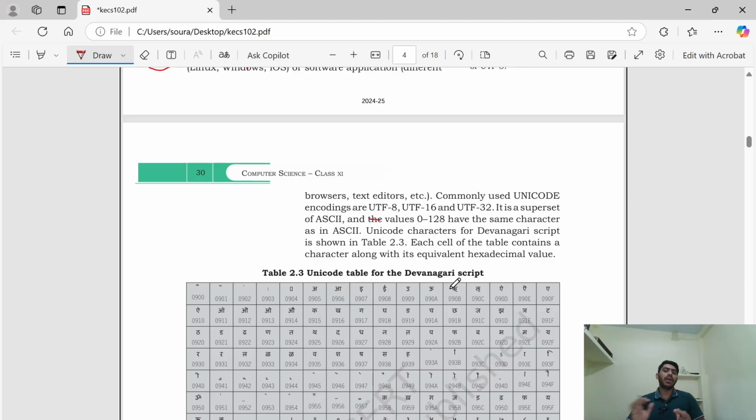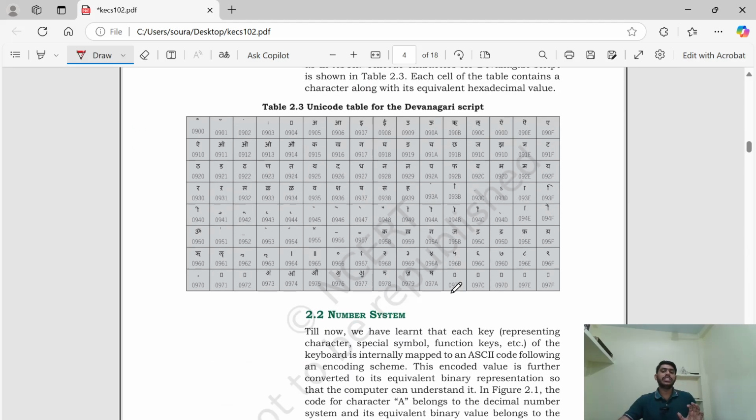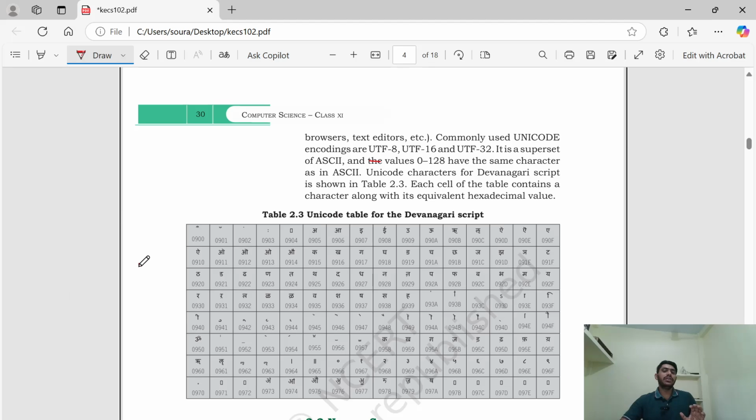Whatever characters ASCII and ISCII contain are included in the Unicode scheme. So the Unicode character for the Devanagari script is given here. Remember, this is a hexadecimal representation. When we get to the number system, I will define the different number systems and how they are converted to each other.